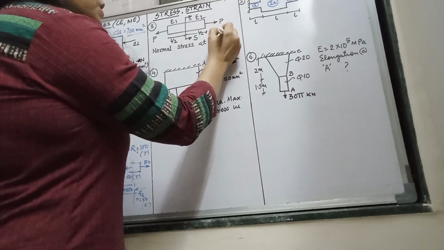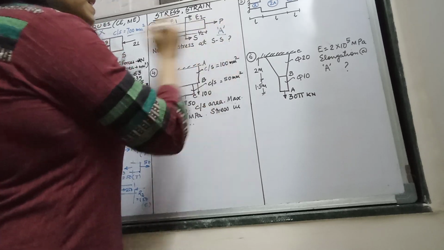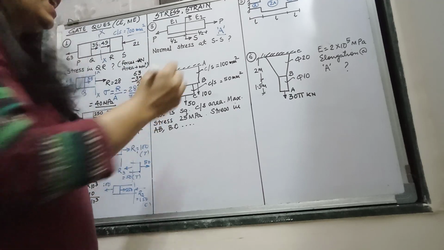The area of the cross section is given as A. A is the area of the cross section.